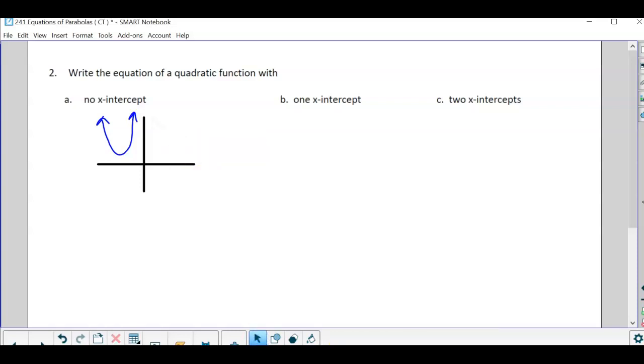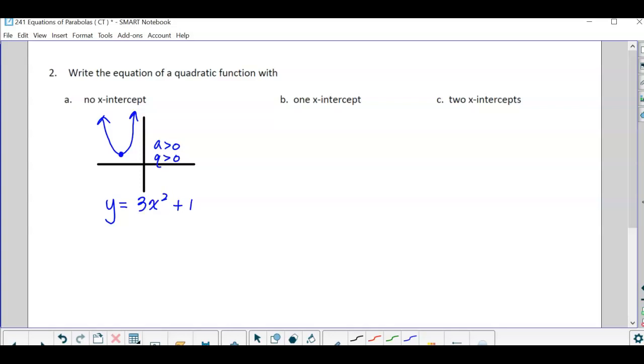But what do we know here? We talked about this the other day. So here, if it's opening up, that means A is greater than 0 and our Q is greater than 0. So an equation would be, I don't know, 3x squared plus 1.